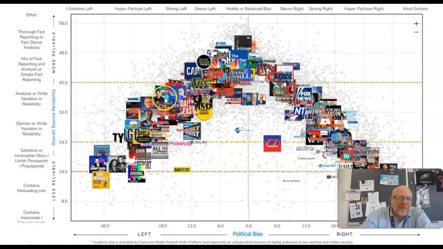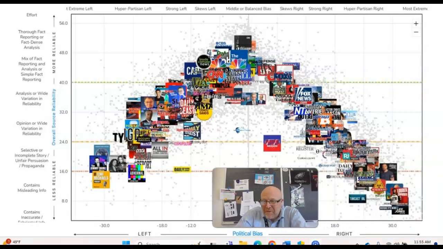Not that they're not credible. Credibility's up here too, and non-credible's down here. So if you're one of these things all the way to the left and down, or all the way to the right and down, they're going to be very biased, not credible. CNN skews a little more liberal, so just keep that in mind. They are still credible.